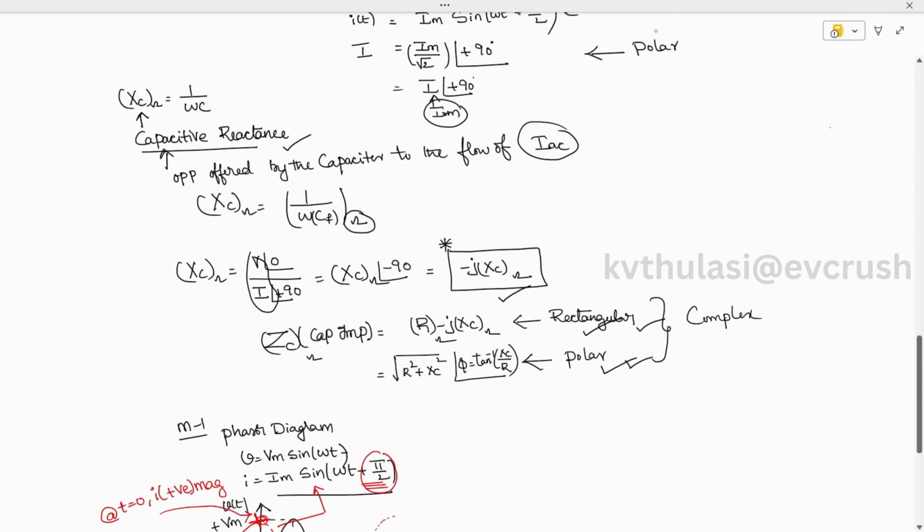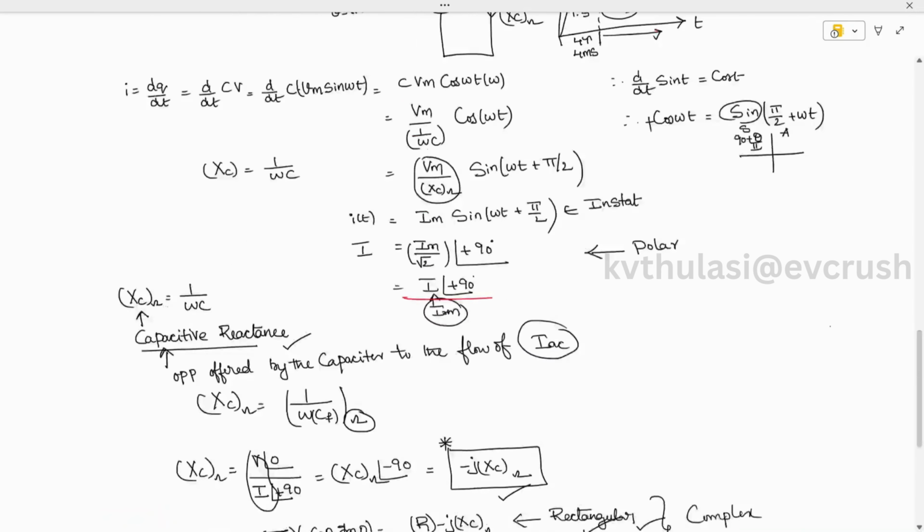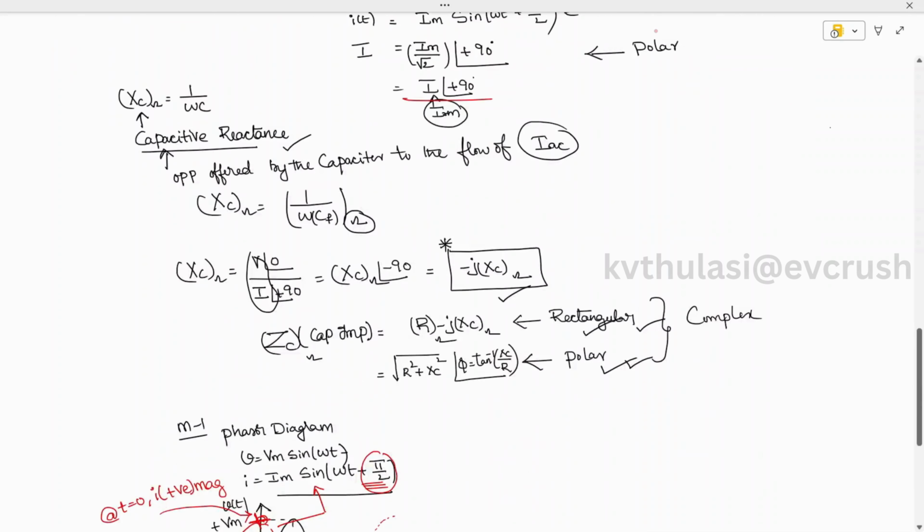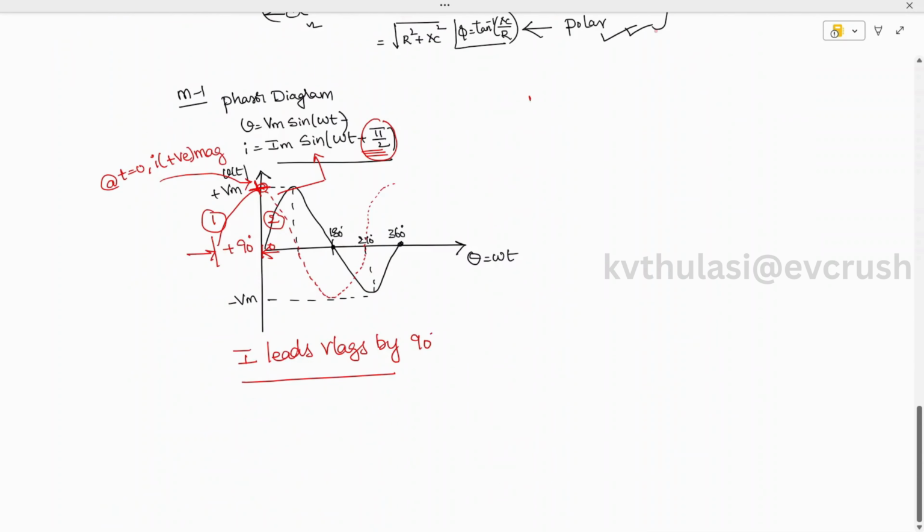Now, when you see this diagram, here you can see how to write I at an angle of plus 90. Let's try to draw the phasor diagram. We have V equal to Vm by root 2 at an angle of 0, and I equal to Im by root 2, maintaining an angle of plus 90 degrees.